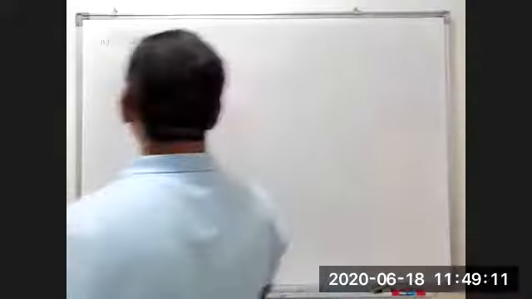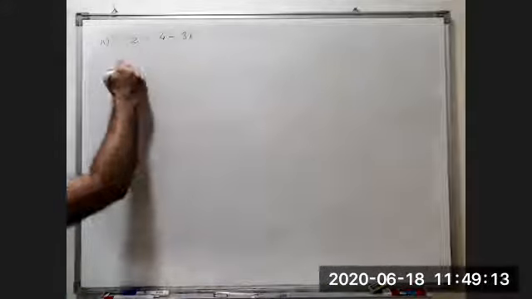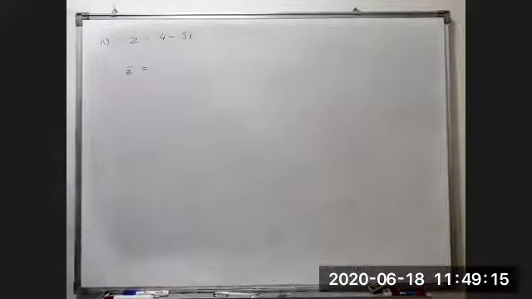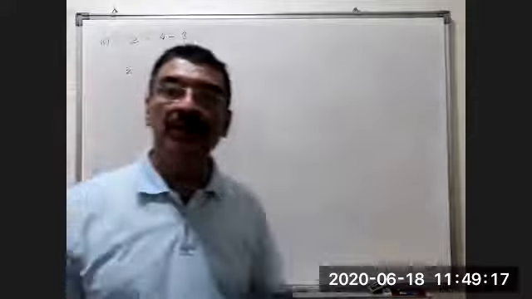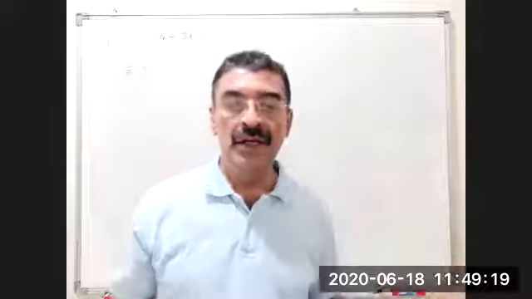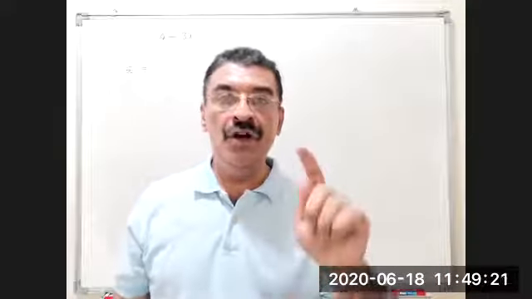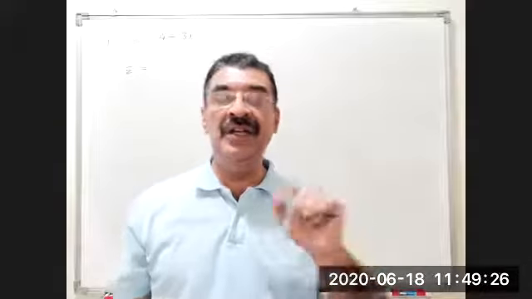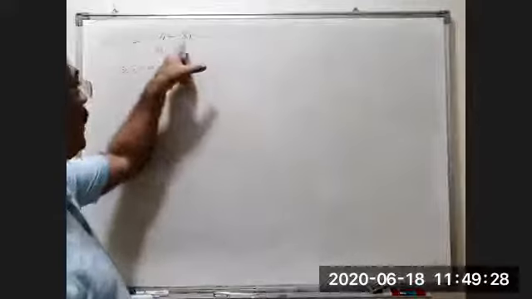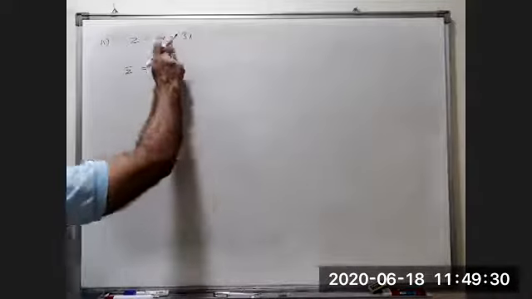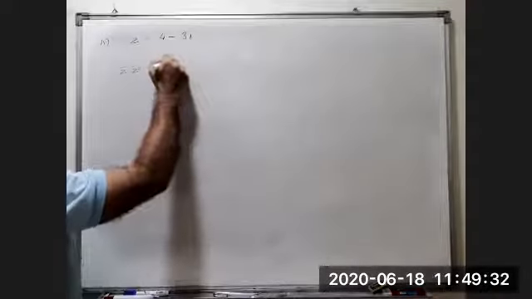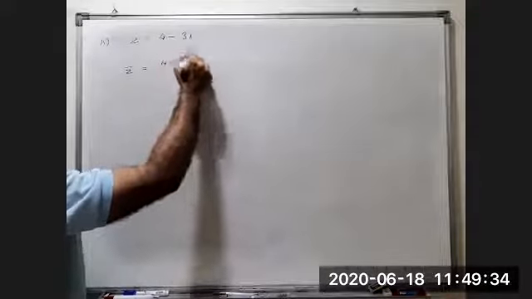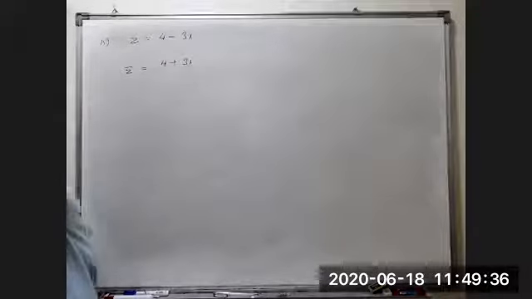So if z is given, first we will find z bar. z bar stands for the conjugate. Conjugate means the complex number which differs in the sign of the imaginary part. So for minus 3i, if we change the sign of the imaginary part, 4 plus 3i. This is the conjugate z bar.